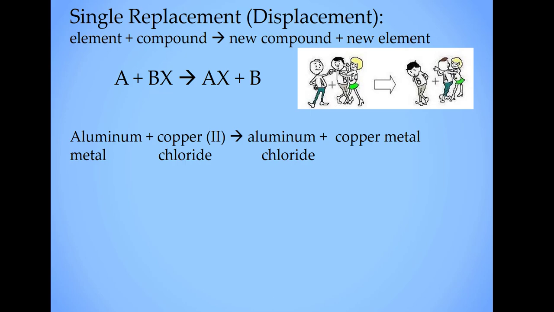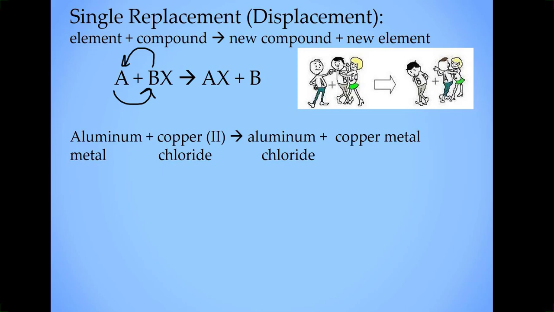I haven't been using the dance analogies with the other ones, but here we have a couple dancing happily, and a guy cuts in, leaving the original guy who had a partner out. So again, you have an element plus a compound, and the element and the cation are going to switch places.